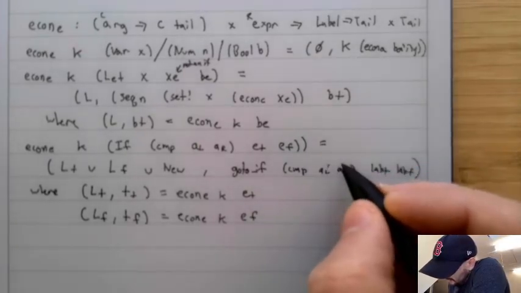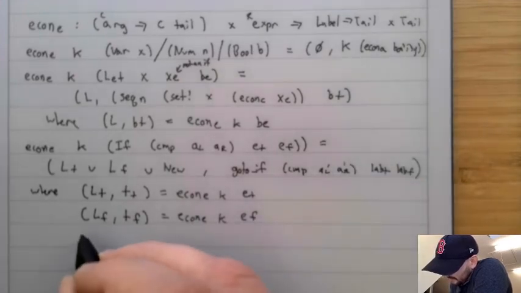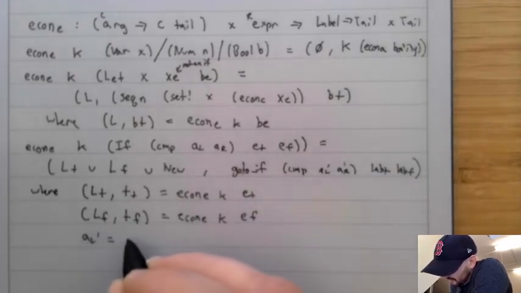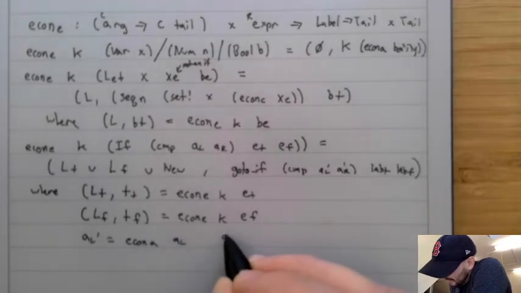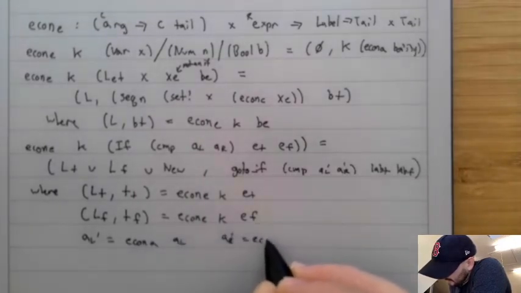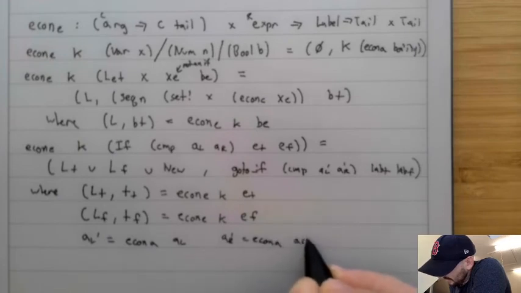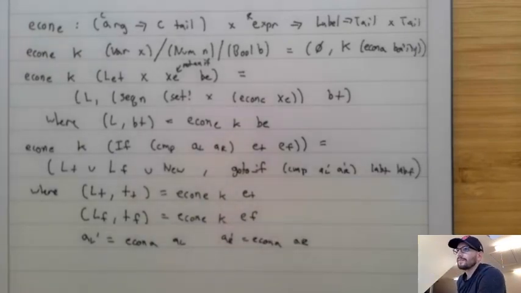This al is really al prime and ar prime, and so al prime is just calling econ a on al, and ar prime is calling econ a on ar. That just converts the data structures.